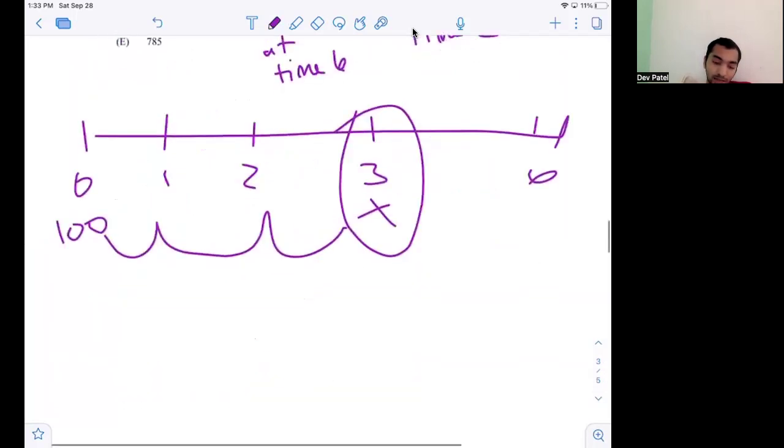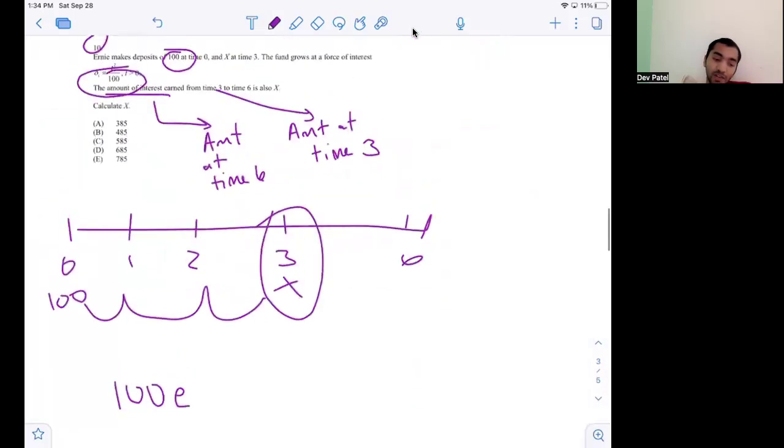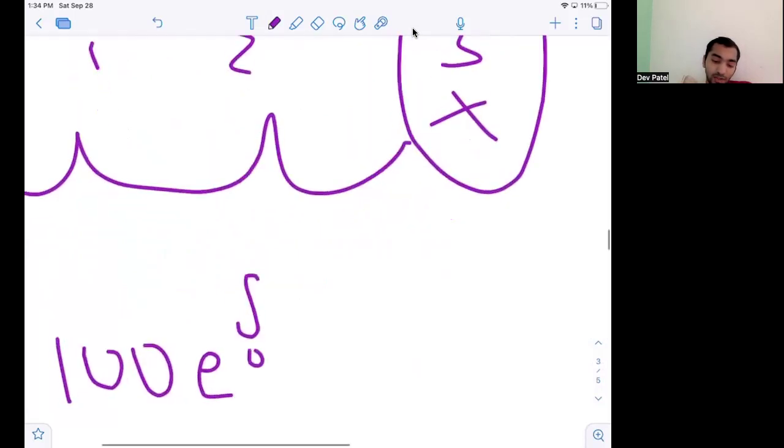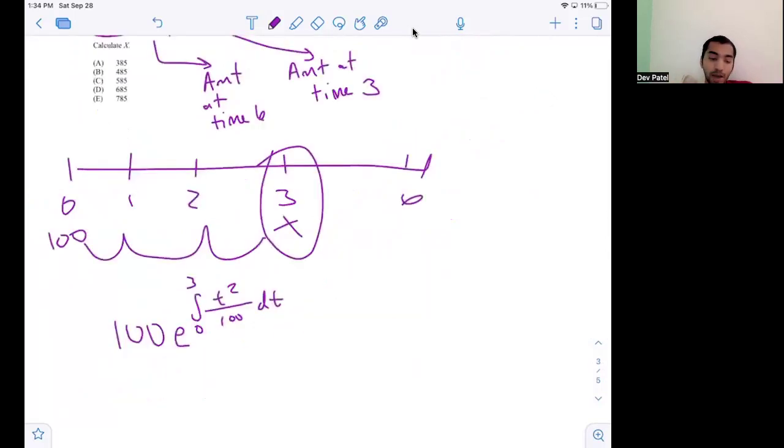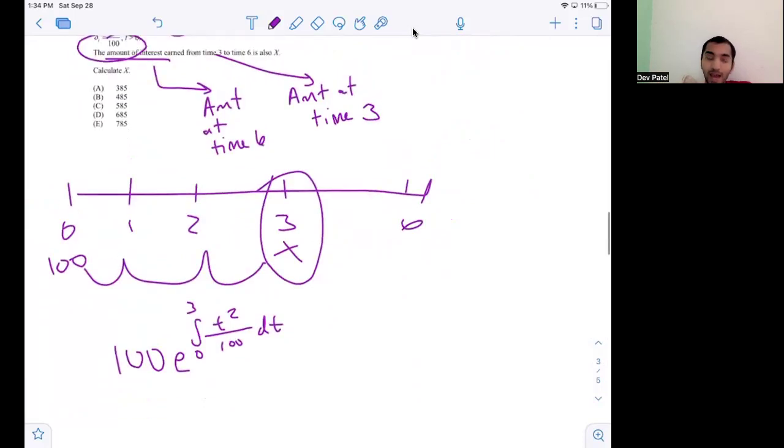Because it's a variable force of interest, we take 100 e to the integral from 0 to 3 of t squared over 100 dt. That gives us the accumulated amount of the 100 deposit from time 0 at time 3. And we add that to x, which gives us our total value at time step 3.